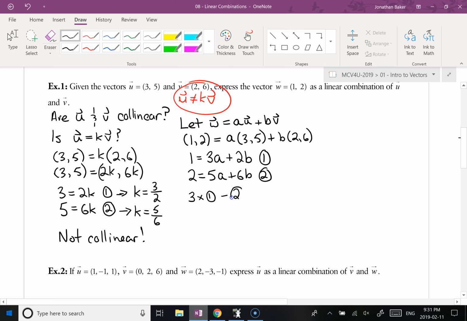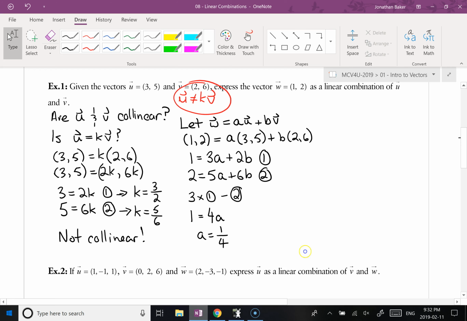You could also put this into a little matrix if you haven't had enough Gauss-Jordan elimination by now. So 3 times 1 minus 2 would be 3 times 3 minus 2, so we'd have 1, and that would be equal to 9a minus 5a, which is 4a. Of course, the b terms cancel out because we set up the elimination that way. So a is equal to 1/4.